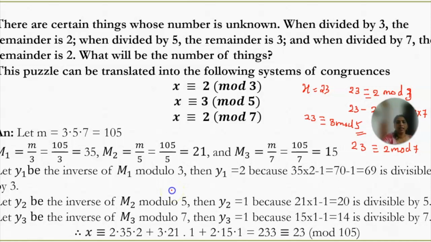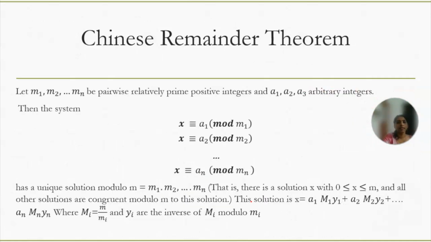Then in general, it is proved by a theorem, the Chinese remainder theorem. The statement of the theorem: let m1, m2, etc., mn be pairwise relatively prime positive integers and a1, a2, a3 etc. be arbitrary integers.